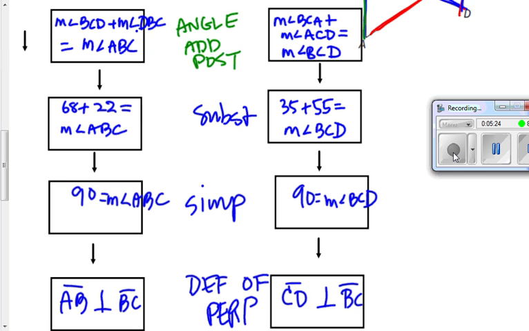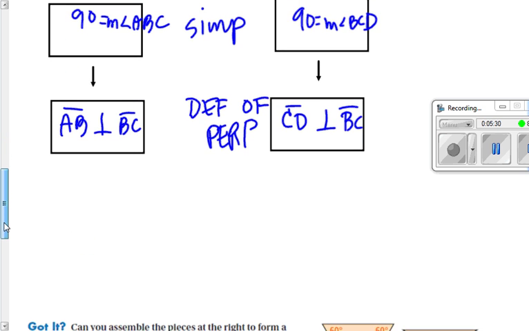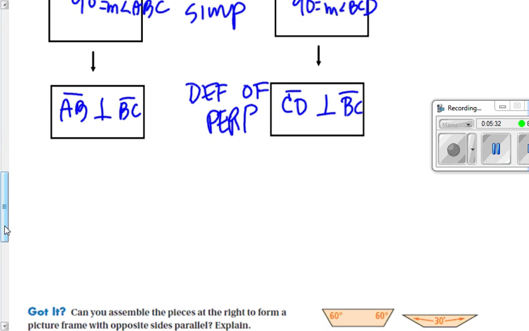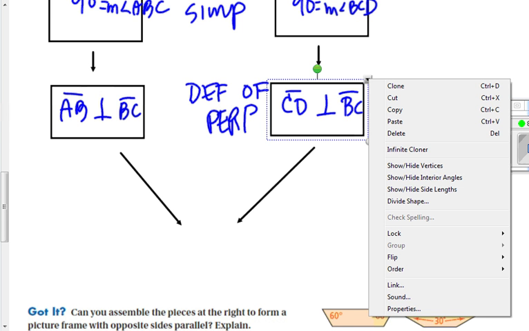So essentially we have a duplicate of what we have on the left side on the right side. Now we can bring those two results together and we get our conclusion using our new theorem, Theorem 3.8: if we have two lines perpendicular to the same line, then the two lines are parallel.